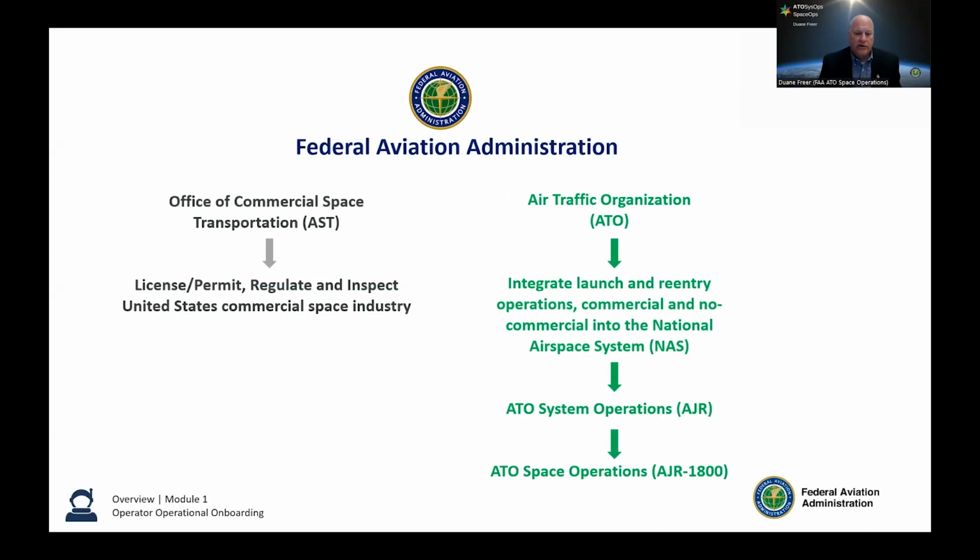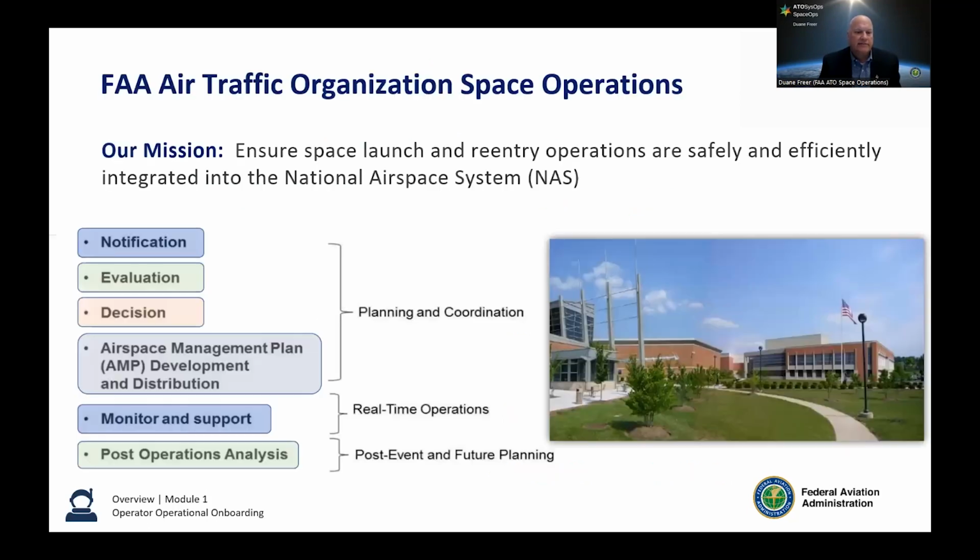The ATO is charged with integrating launch and reentry operations, both commercial and non-commercial missions, into our national airspace system. We are within the ATO System Operations Service Unit, and we have our own space operations office that I lead, which is charged with the safe and efficient integration of operations.